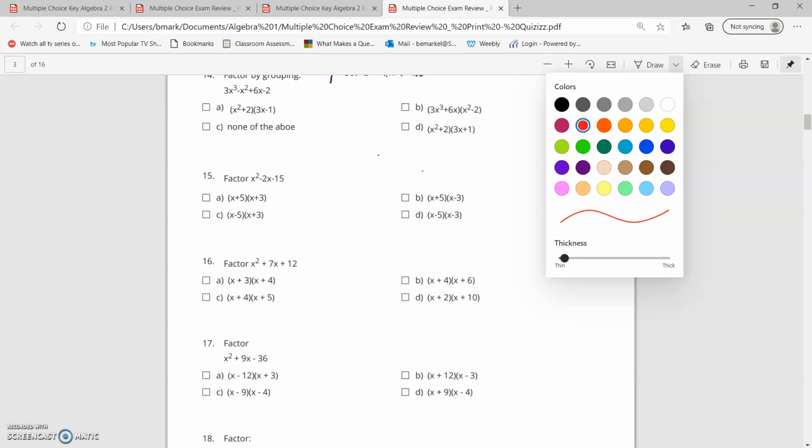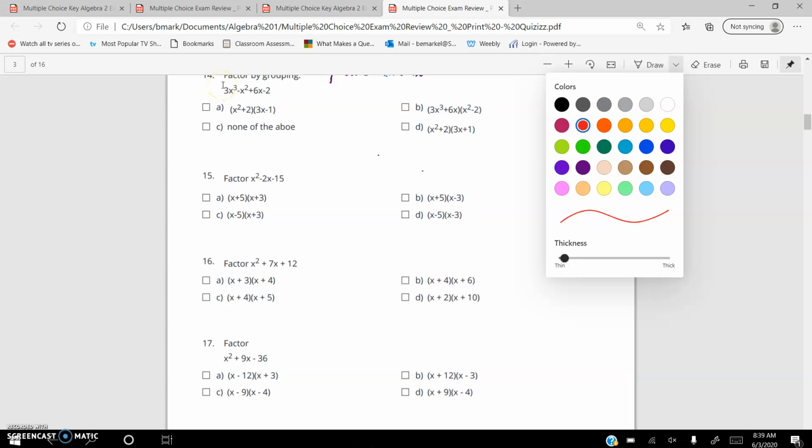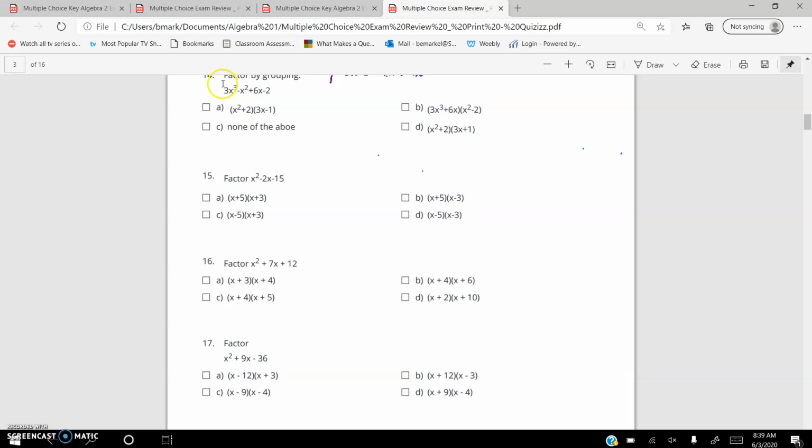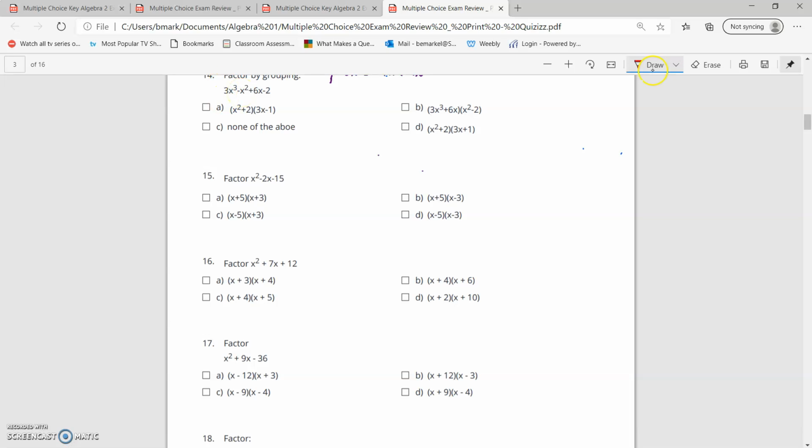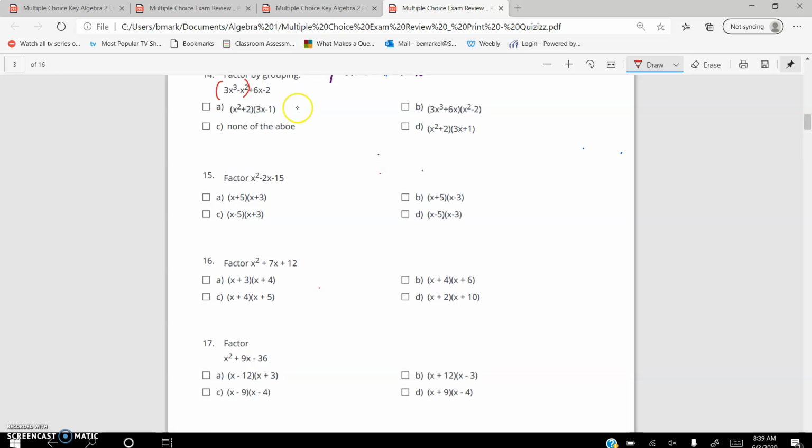I'm going to start off by looking at just the first two. What does 3x to the third minus 12x all have in common? Well, they both have an x.